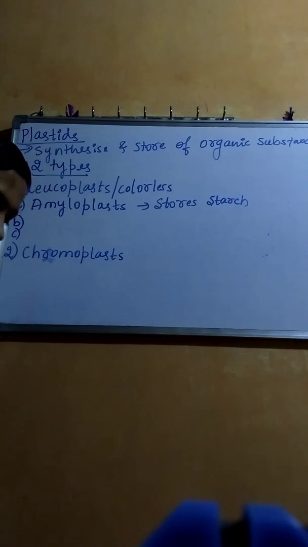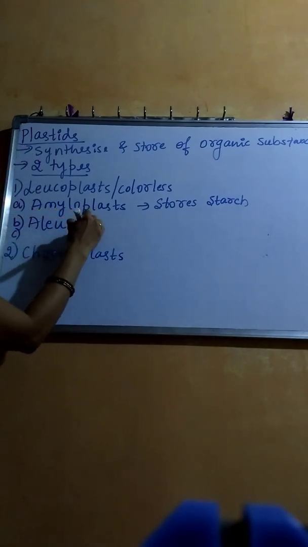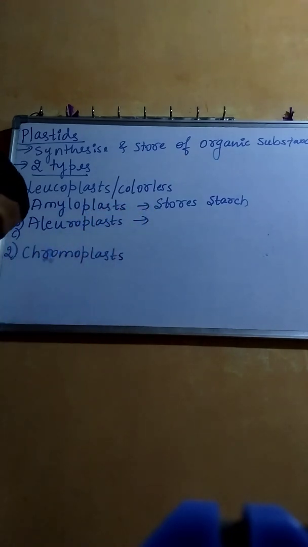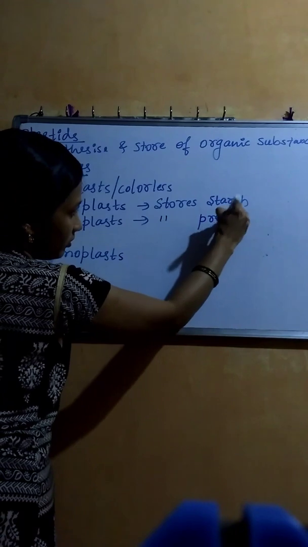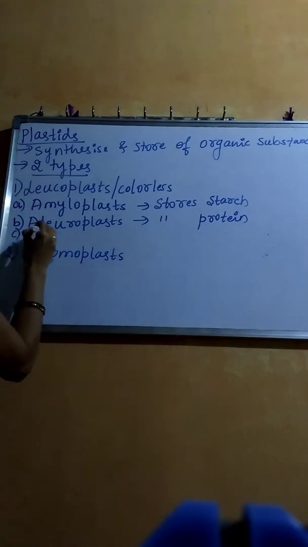Starch is a carbohydrate. The second type is aleuroplast, which is specially meant for the storage of protein. Then the third one is eleoplast.